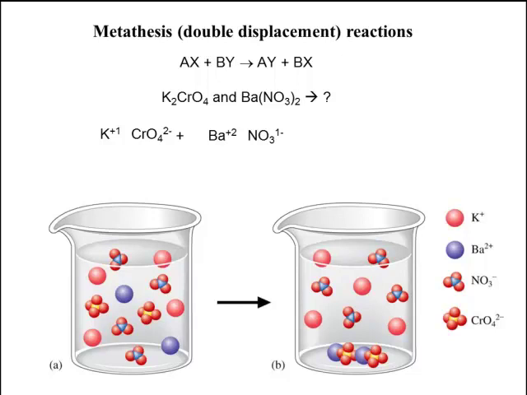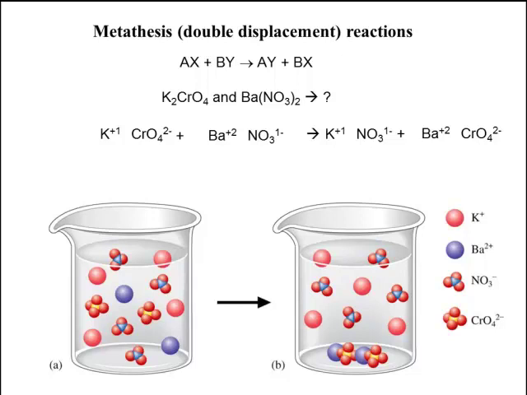And then I'm going to switch the anions around. So K plus is going with NO3-. Ba2 plus is going to go with the CrO4 2-. Once I know which anions are going together, I need to write valence formulas based upon their charges. I don't just add them together. I have to balance their formulas.